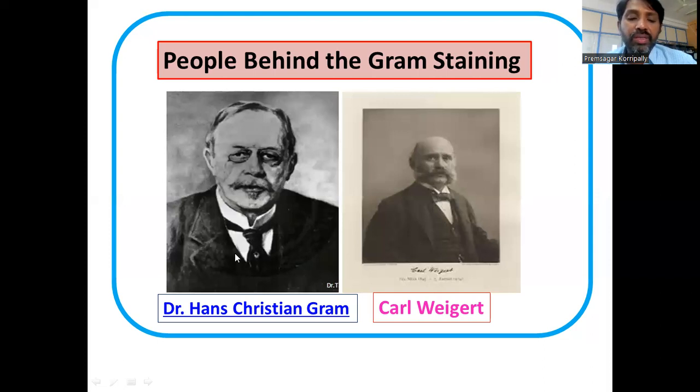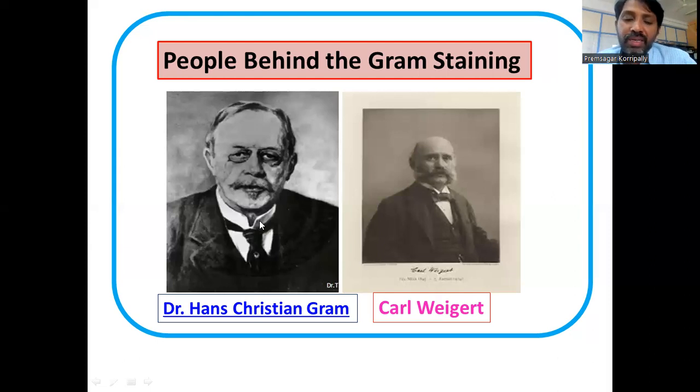In 1884, while he was working with lung tissues from patients who had died of pneumonia, he collected a fluid sample from that lung tissue and smeared it on a glass slide, applied certain stains, and examined it under the microscope.